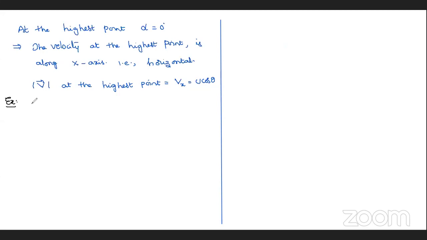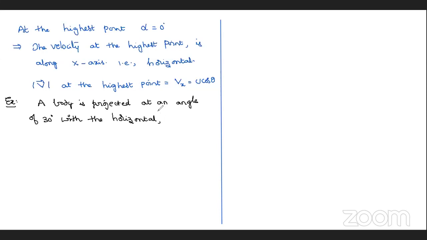Right. Come to here, example. A body is projected at an angle of 30 degrees with the horizontal, of course, with a velocity of say 80 meters per second.